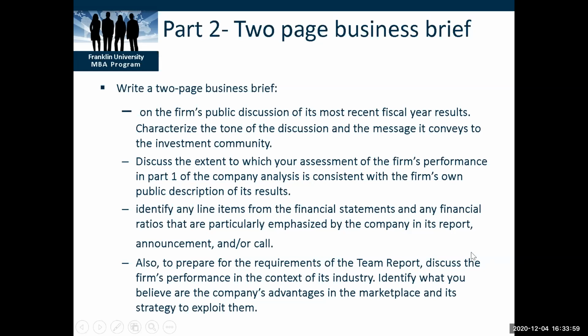Then identify any line items from the financial statements and any financial ratios, like the debt to income ratio and so forth, that are particularly emphasized by the company in its report, announcement, and call. What ratios did you use? You probably need to get those ratios from the Excel spreadsheet, and then discuss those ratios in your part 2.